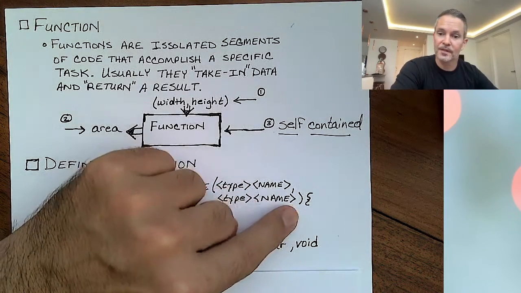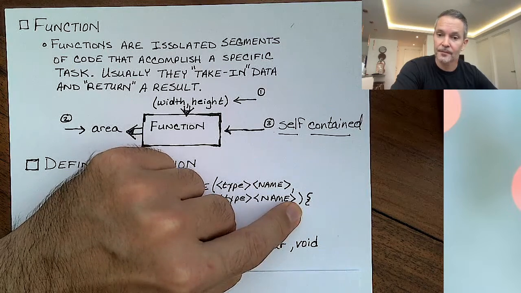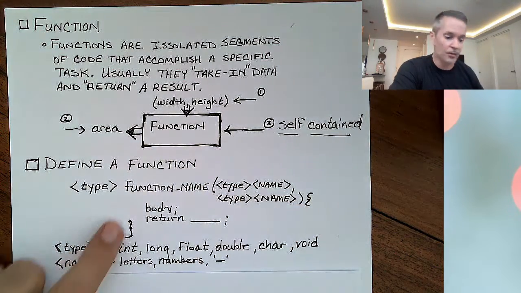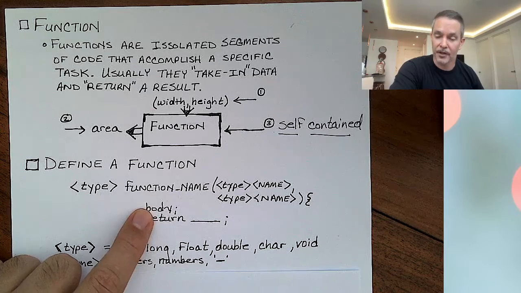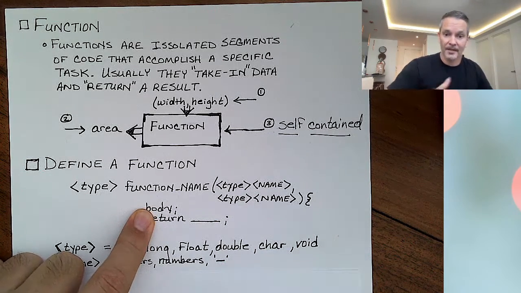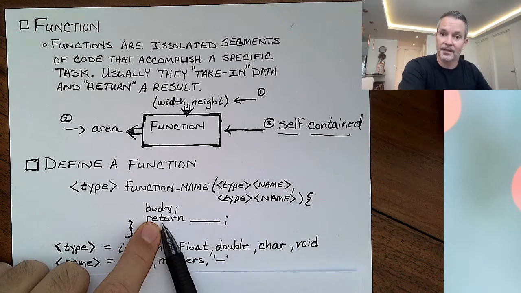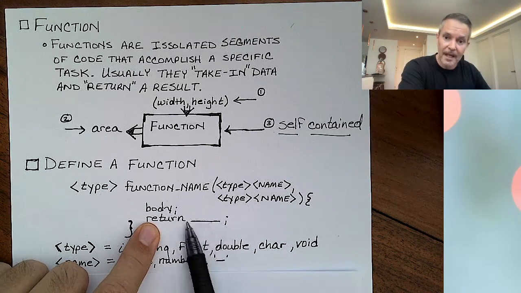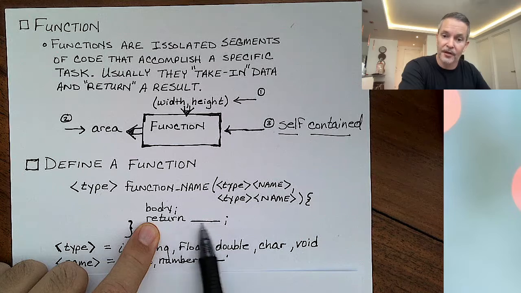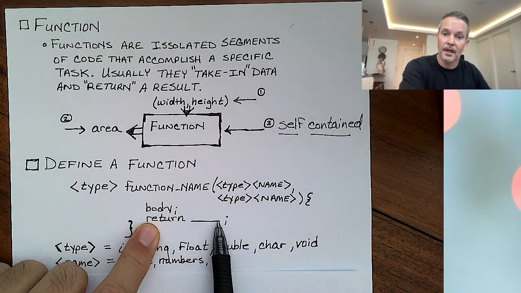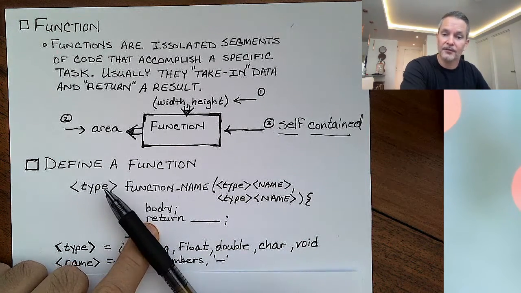Finally, we close the parameter list with a parenthesis, and then a curly bracket to open the body of the function. And then after we write the code of the function, the final statement is return. And we optionally put here a variable or a value that will be returned out of the function.